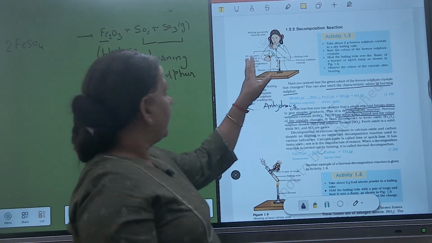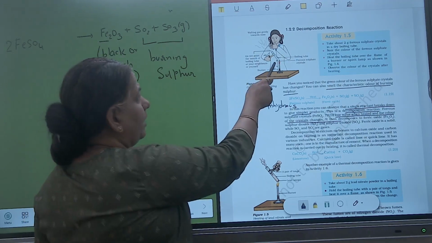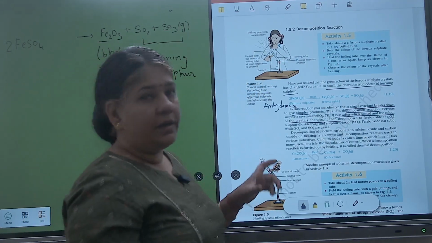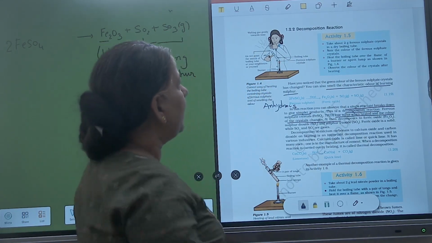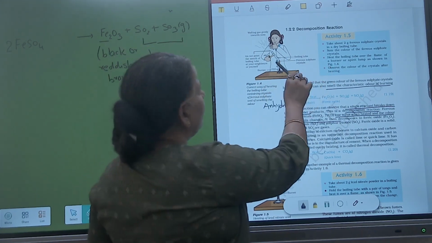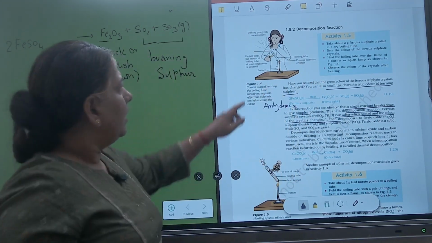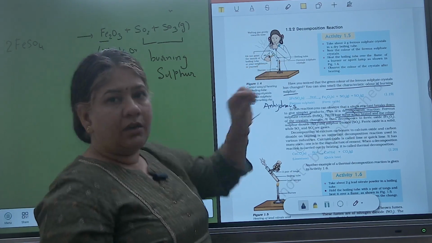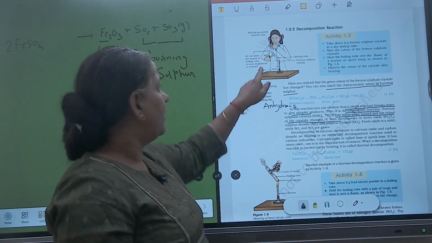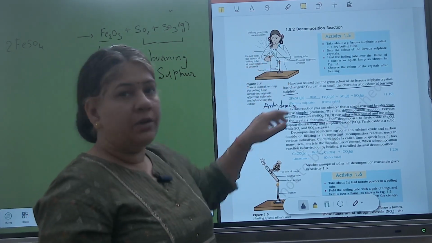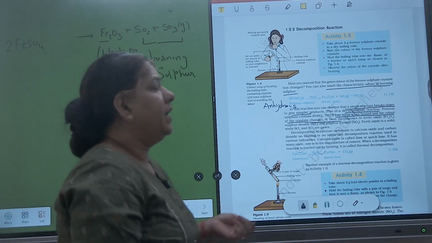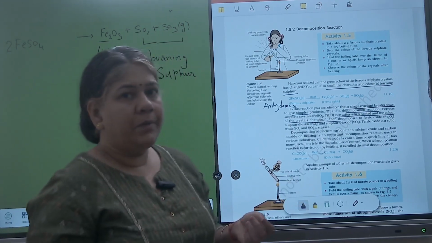See, in the activity, you take the salt in a boiling test tube and start heating. Initially, we'll observe droplets of water on the cooler part of the test tube. You can detect it with the help of litmus paper.